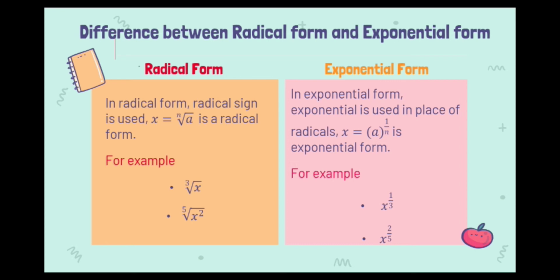In numerator, we write the value of exponent, and in denominator, we write the value of index. Look at the last example, x raised to power 2 by 5. Here, 2 is the exponent and 5 is the index. So keep this in your mind.